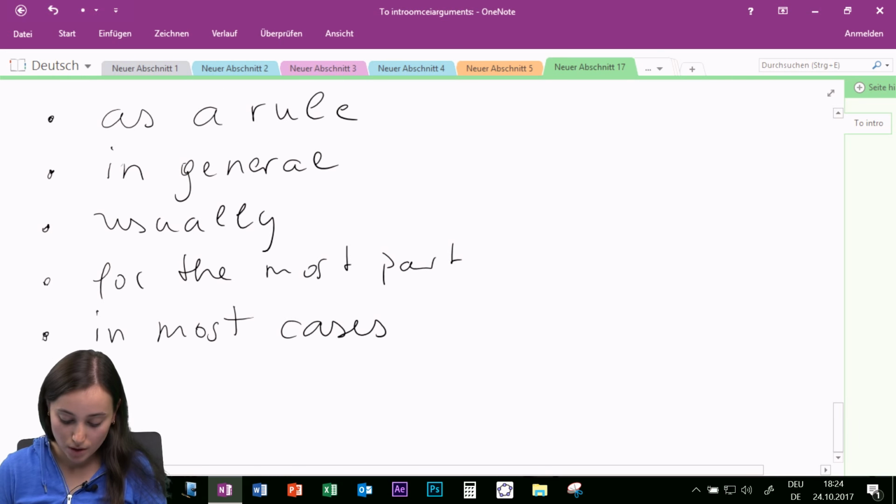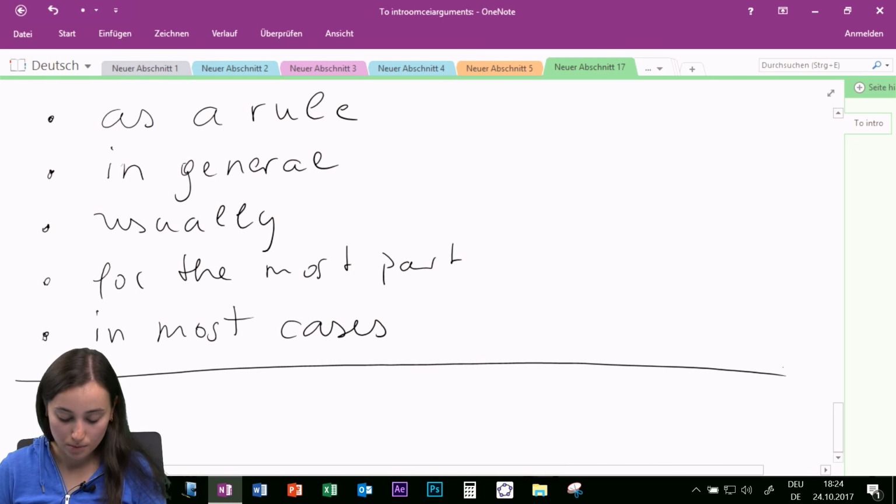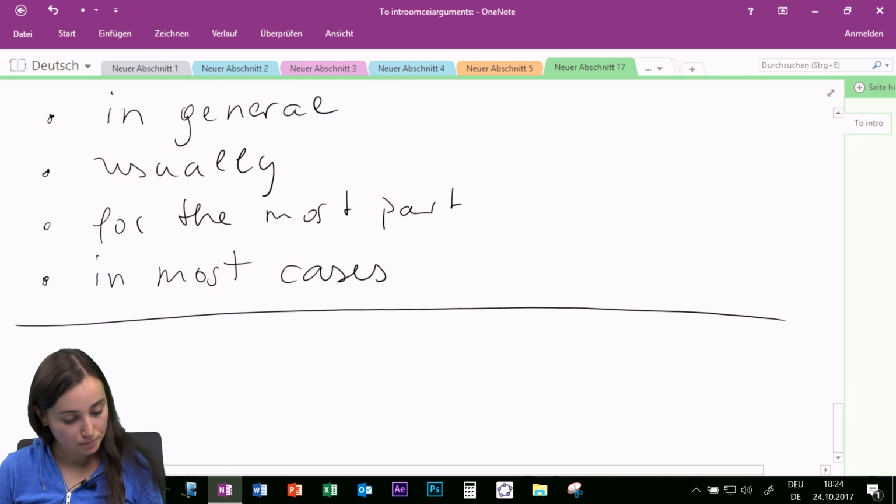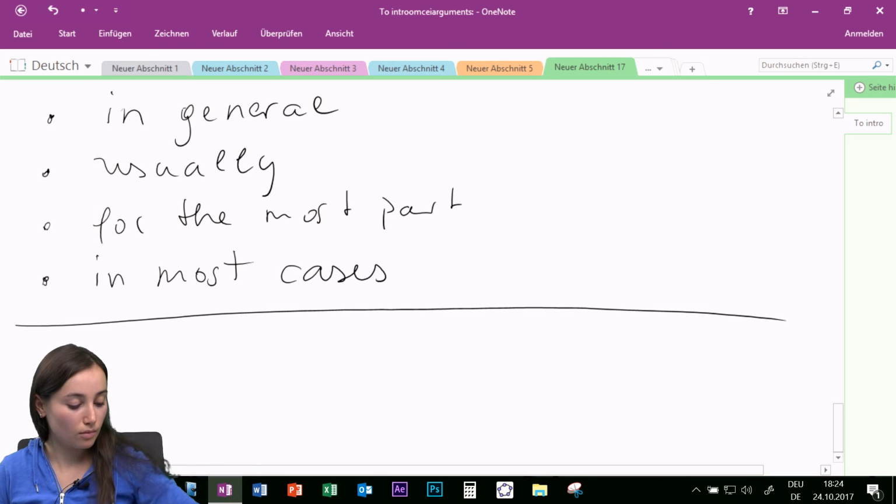Cases. Okay. So you can see that there is a great variety of these signposts.